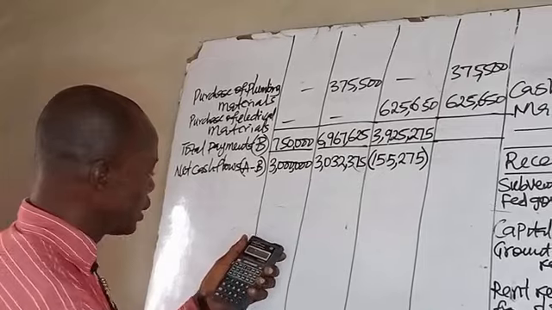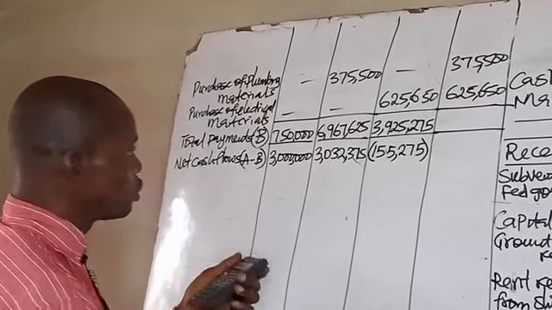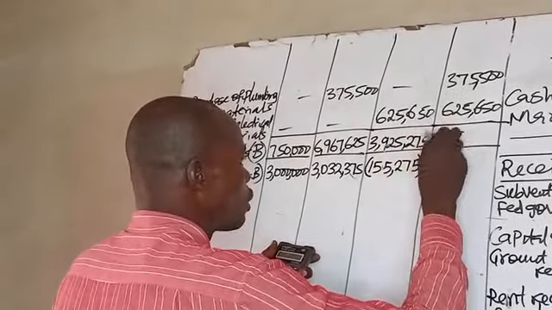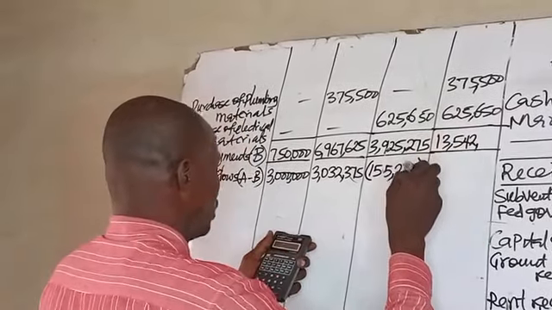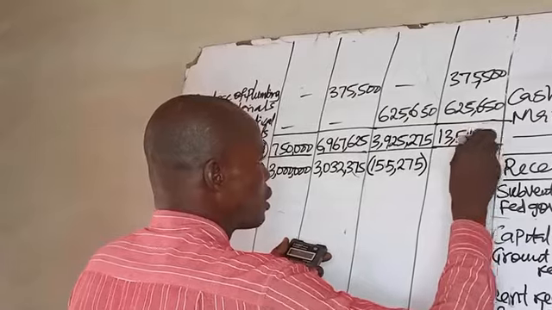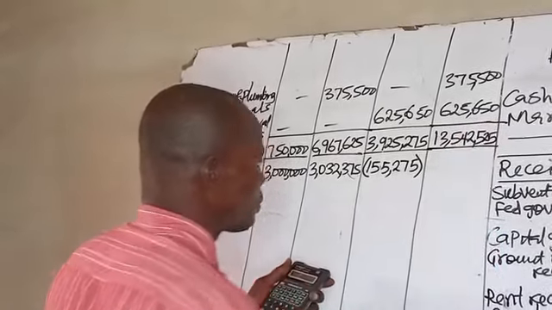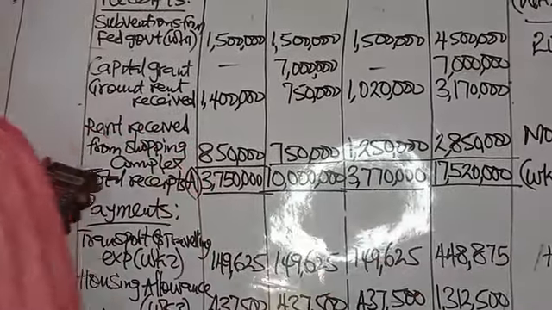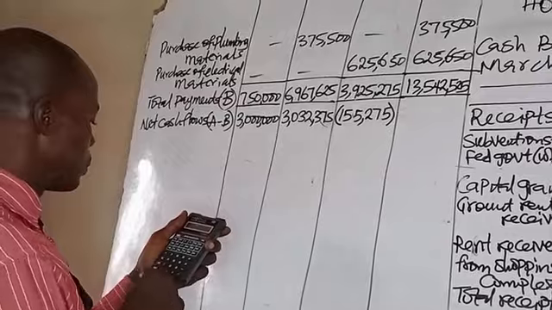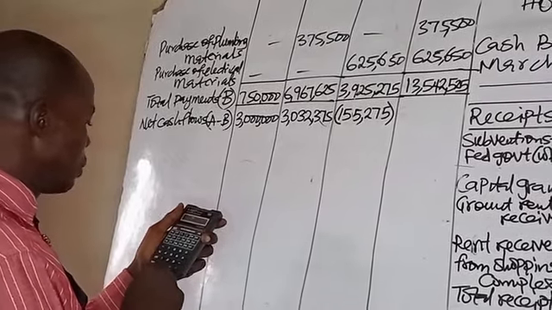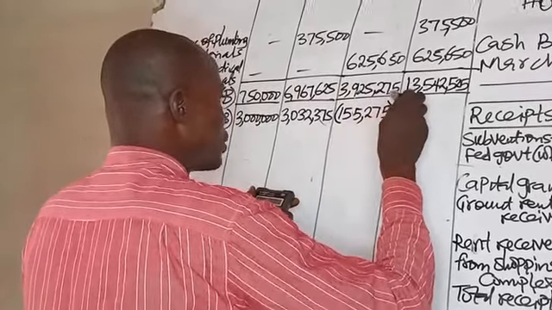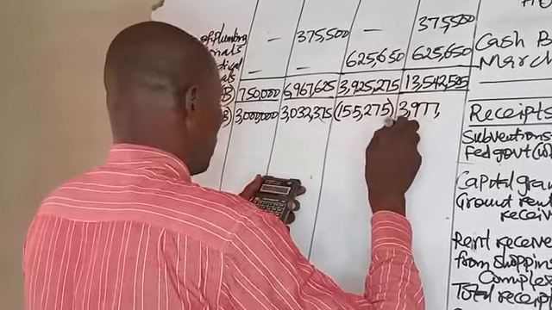The payment is totaled 13,542,525. So the net cash flows, the total receipts is 17,520,000. If you subtract your payment, then the net cash flows will be 3,977,475.